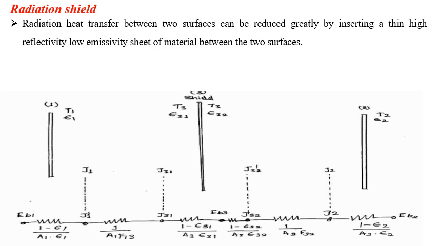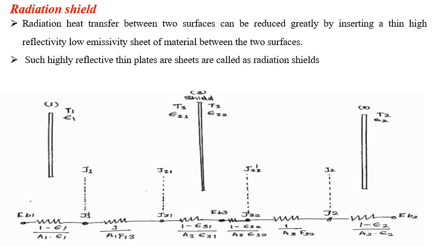Such multi-layer radiation shields, constructed of about 20 sheets per centimeter thickness, separated by evacuated space, are commonly used in cryogenic and space applications.